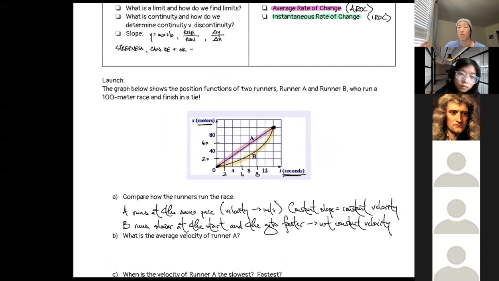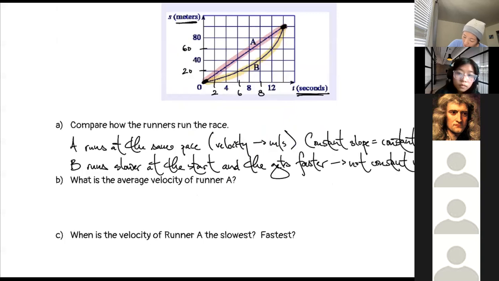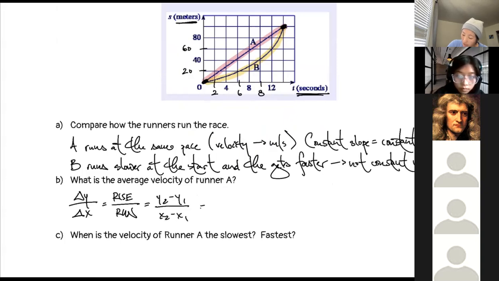Those are things we know about slope. And so if we write down that formula here, we're going to get change in y over change in x, or some people might say rise over run, or we could think about y2 minus y1 over x2 minus x1, or however you want to write that.